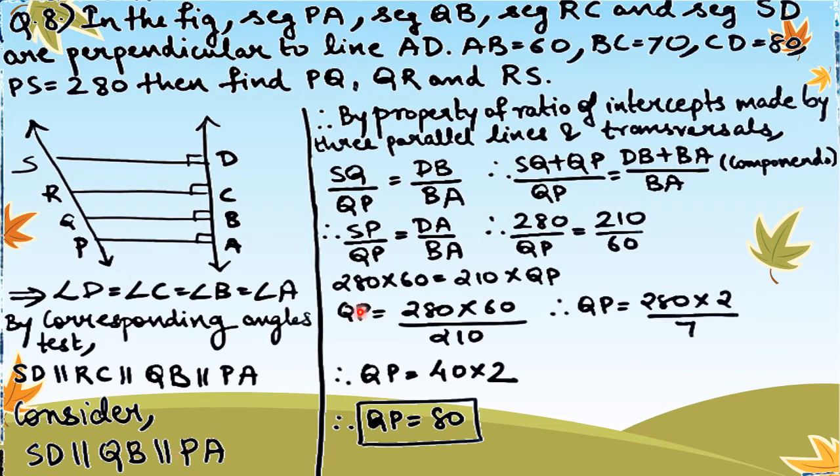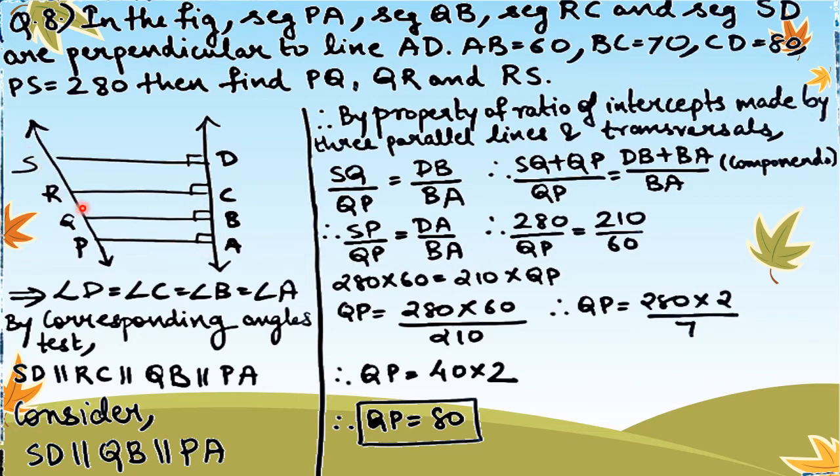Then we will apply the theorem similar to the basic proportionality theorem, the property of ratio of intercepts made by three parallel lines and their transversals. Since the theorem statement includes three parallel lines, I am choosing three of them, and how I chose it you will come to know as we proceed. Now by the property of ratio of intercepts made by three parallel lines and transversals, SQ upon QP. Now these lines we are considering are SD, QB and PA.